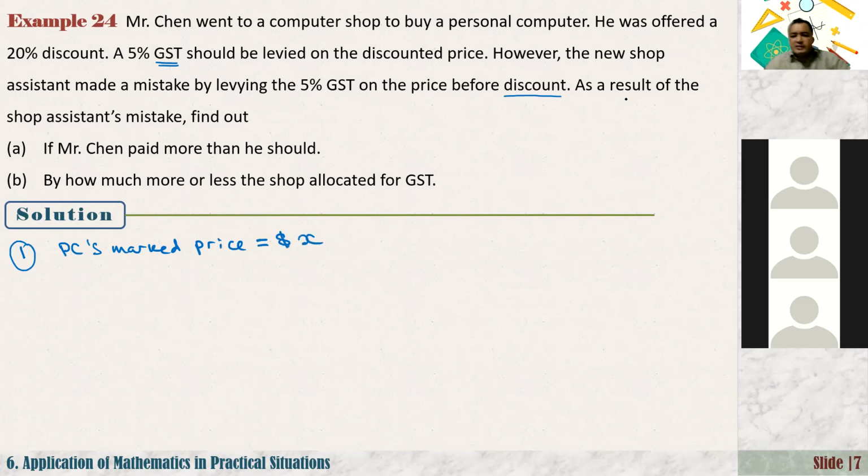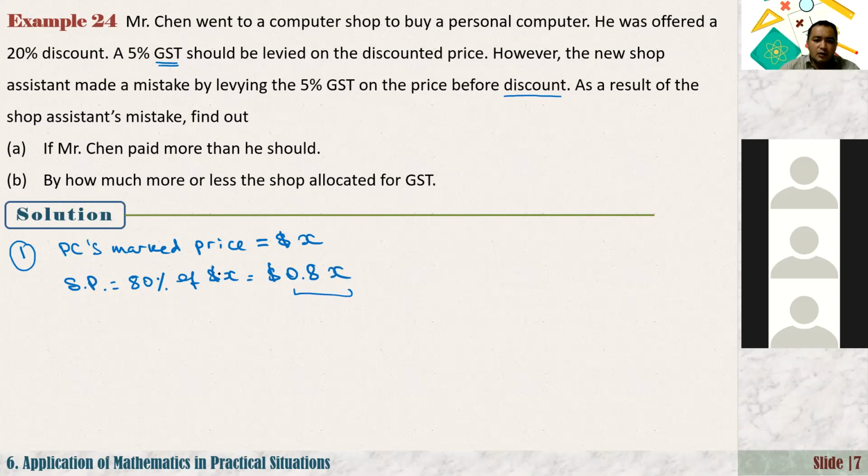Okay. So it says that he was offered a 20% discount. So now what is the selling price? Selling price is X dollars minus 20% of X dollars, right? That is, now selling price is just 80% of the marked price, which is equal to 0.8x dollars.